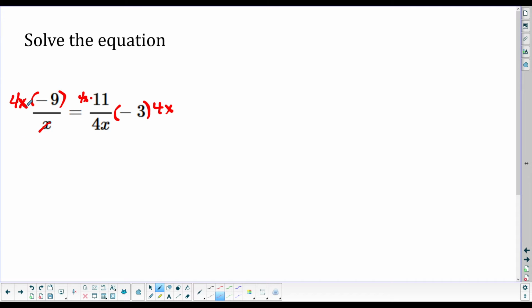So I get 4 times negative 9, that's negative 36. This 4x and this 4x will simply cancel, and so I've just got 11. So this equals 11. And then I've got negative 3 times 4x, that's going to be negative 12x.